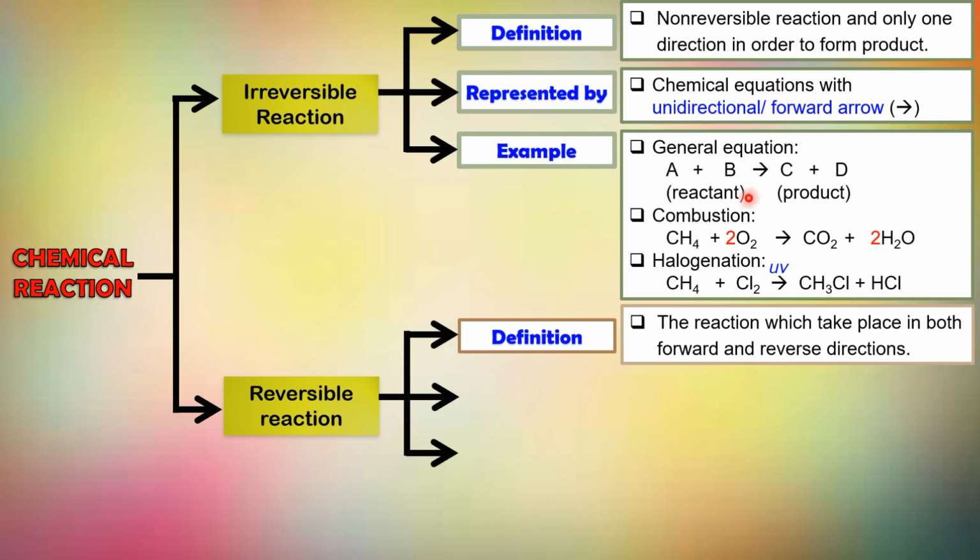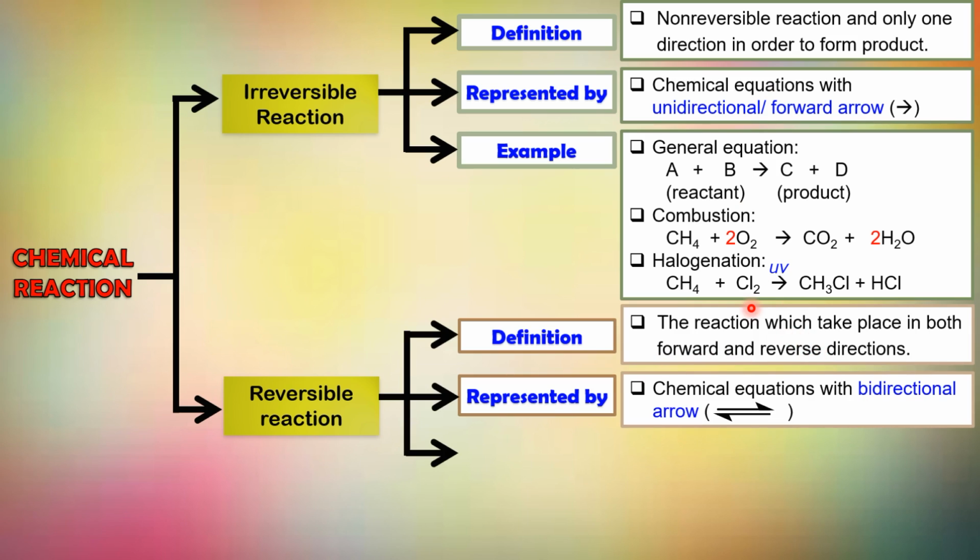Next, what is a reversible reaction? This is a reaction which takes place in both forward and reverse direction. It is represented by the chemical equation with a bidirectional arrow.